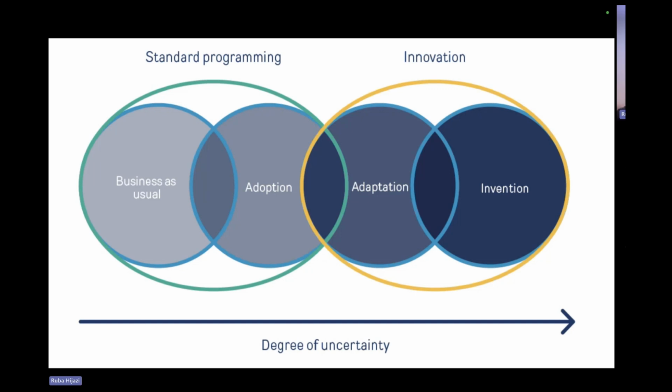So whenever we get to colleagues like us in the humanitarian sector, we get some solutions from them. It's still standard programming, but adaptation from different types of sectors is innovation, and invention as well is innovation. The degree of uncertainty increases from business as usual to invention. This is why, again, adaptation is good, is innovation, but at the same time with lower risk and degree of uncertainty.